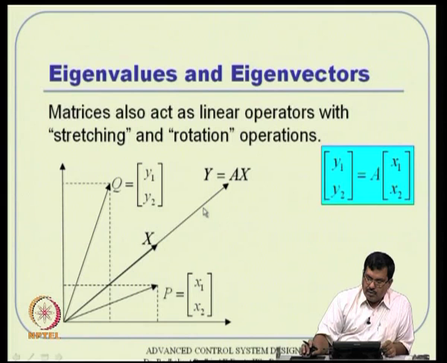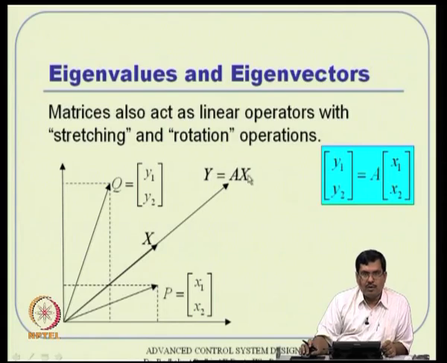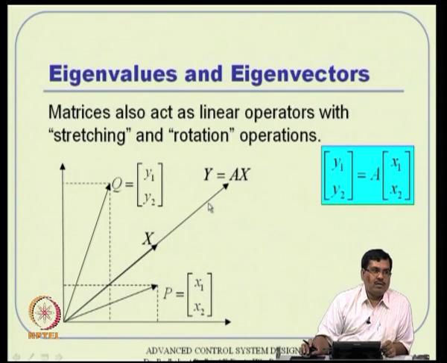We are searching for a particular vector x with respect to the matrix A, so that this linear operator applied to that vector gives me another vector with only stretching and no rotation. That is the eigenvector direction, and the amount of stretching is nothing but the eigenvalue.